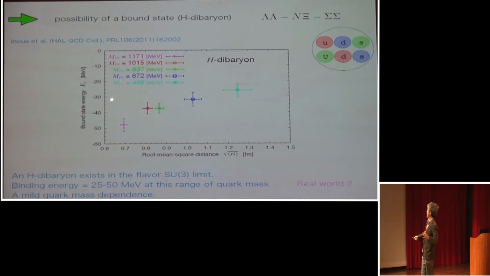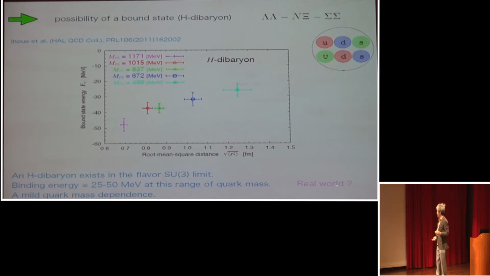It's about minus 30 MeV for the lightest one, and the size is from 0.7 to 1.3. Our result is summarized as follows: the H dibaryon exists in the flavor SU3 limit, and the binding energy is 25 to 50 MeV at this range of quark mass, and the quark mass dependence is rather mild.